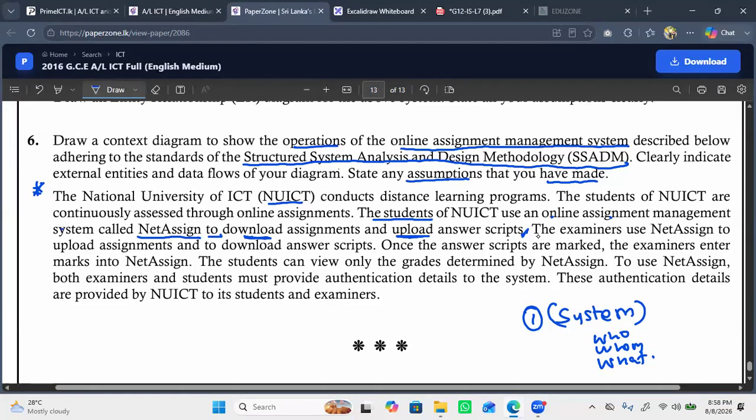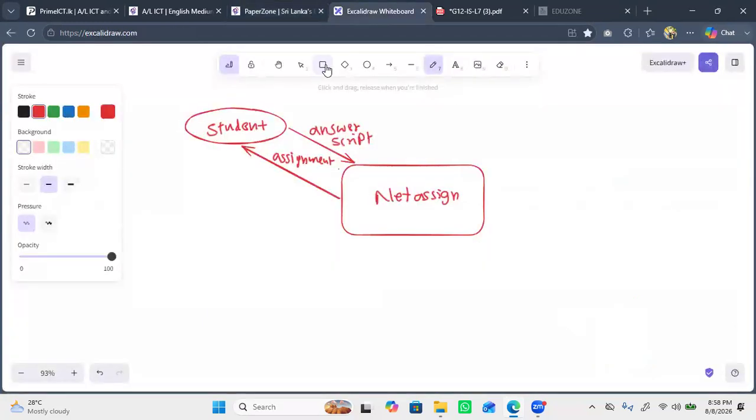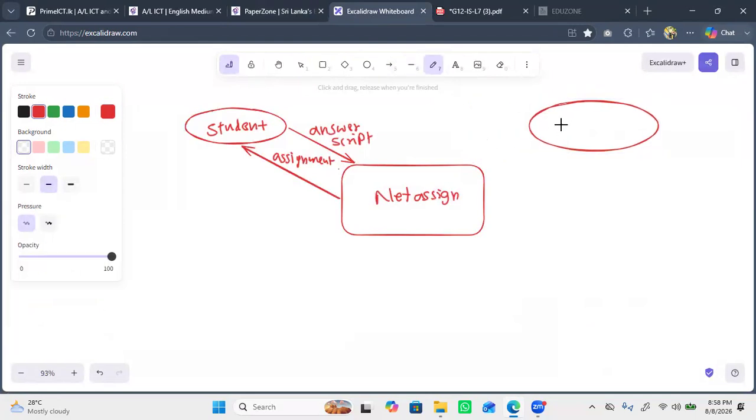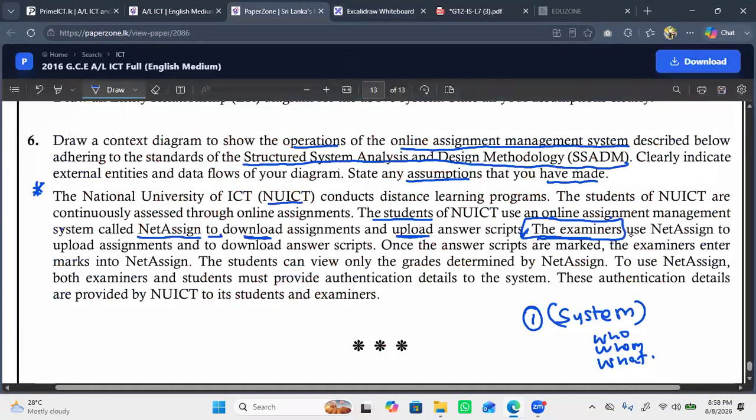Right, let's move on. Examiners use NetAssign again. Whom? External entity, right? A user is using this system. Okay, I will draw that also. Examiner. Then what is he doing really? Examiner uses NetAssign to upload the assignment.